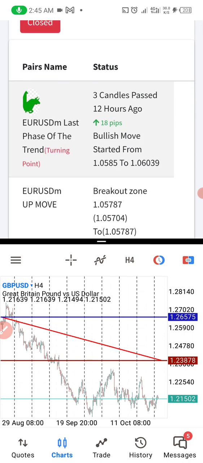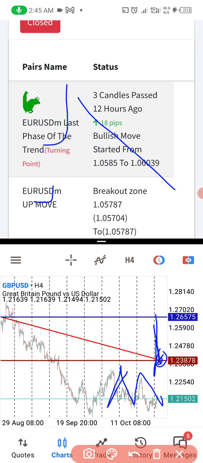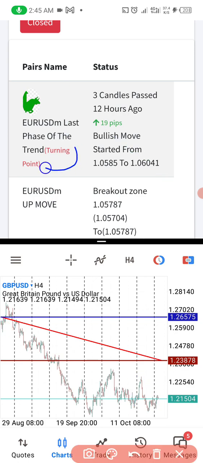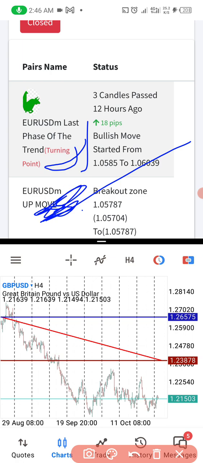I'm having a turning point here which is supposed to be a bearish move, but my breakout zone is still in an upward direction or upward trend. It has not broken it yet, so I will ignore this until this turns to a downward movement, before I can do anything. As I say here, I'm already in a buy. I need to wait for it to break out this zone before I can take this turning point.